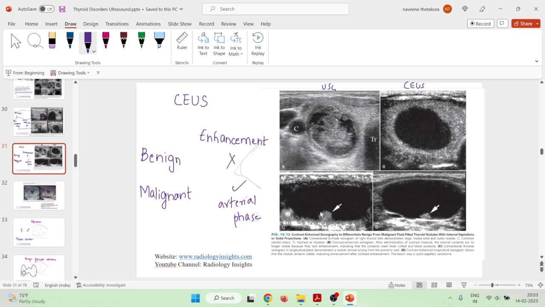Whereas if you see here, this is completely cystic and there is a small area of solid here. This is a very small area of solid. If you do a contrast enhanced ultrasonography of this lesion, you will see that this lesion is visible here. This is the lesion which is showing enhancement in the arterial phase. So this is actually a malignant lesion.